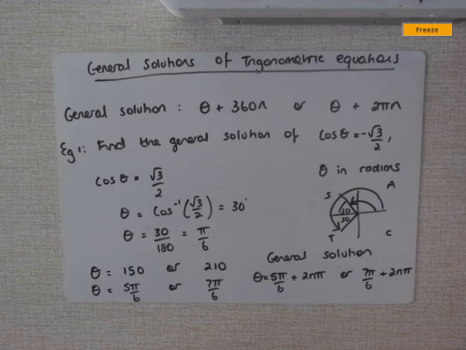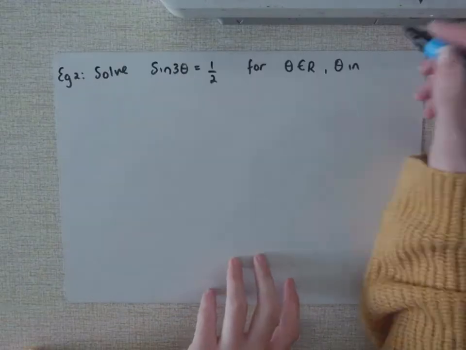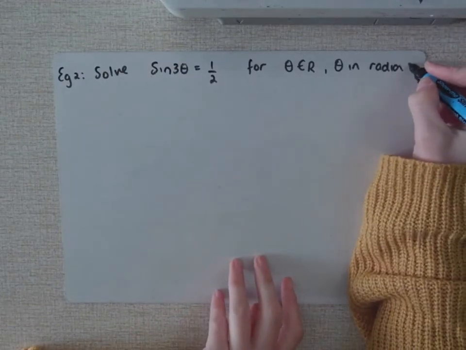Can I get rid of the board? Because that's the general solution. They didn't actually tell me how many revolutions I wanted. So if they ask for the general, you leave it there. Are we okay?